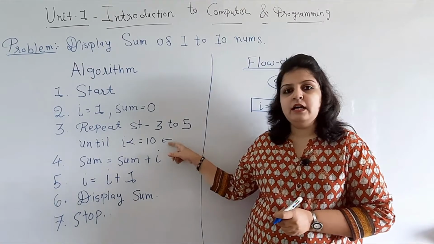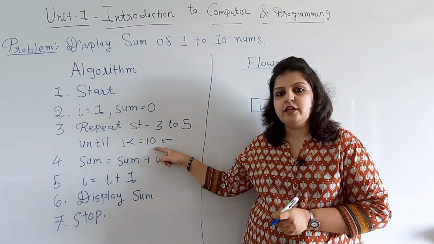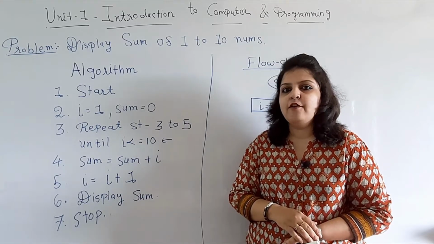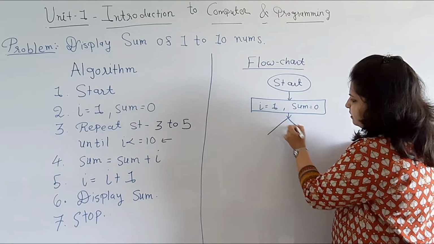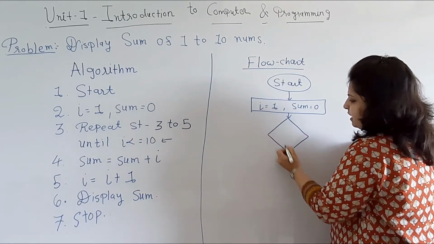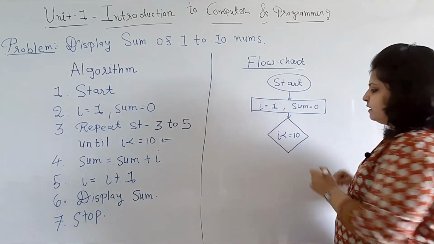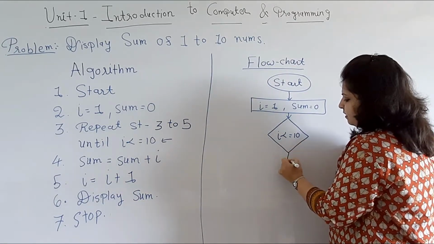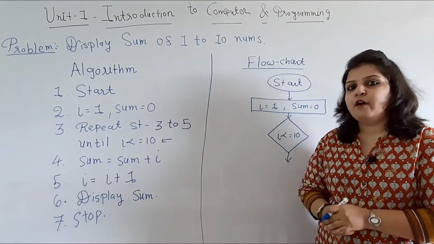Now in the third step, this is our condition, and for a condition we have to use the diamond symbol. In the diamond just write the condition, that is I less or equal to 10 question mark. This condition will be either true or false.